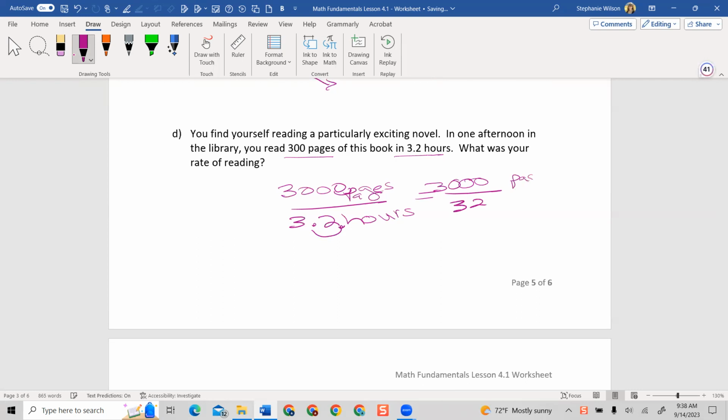It's going to be the pages per that many hours. So you can do the long division. And when you do, I'm going to do approximation, we're going to get 93.75 pages per hour.